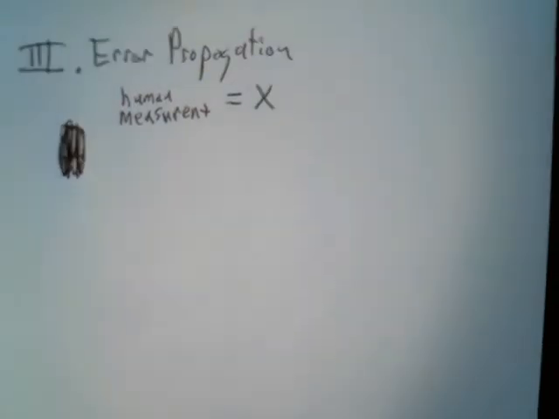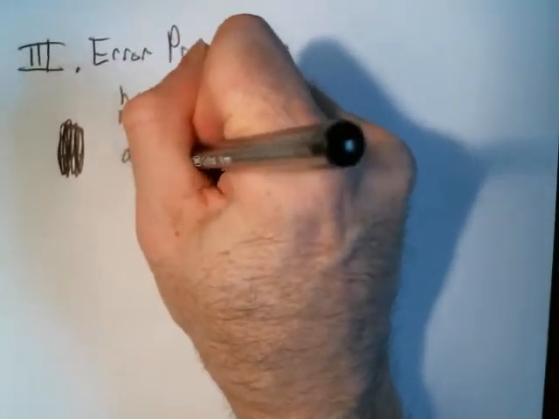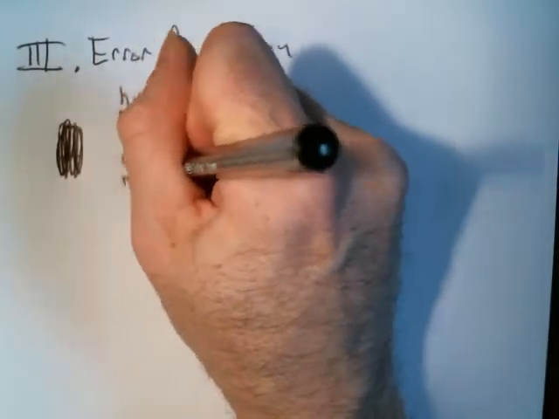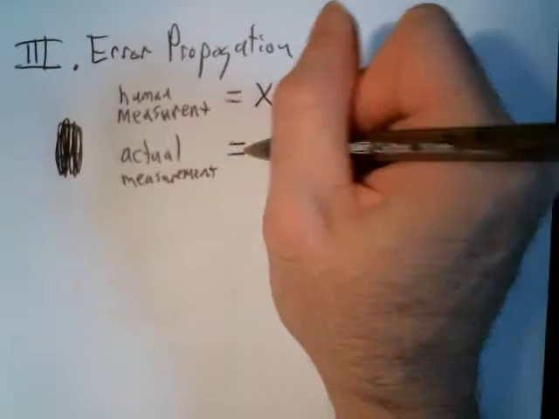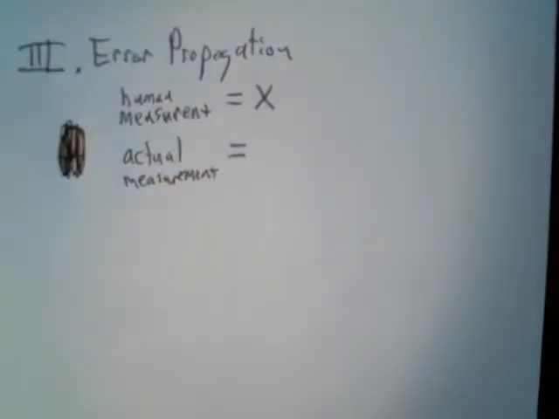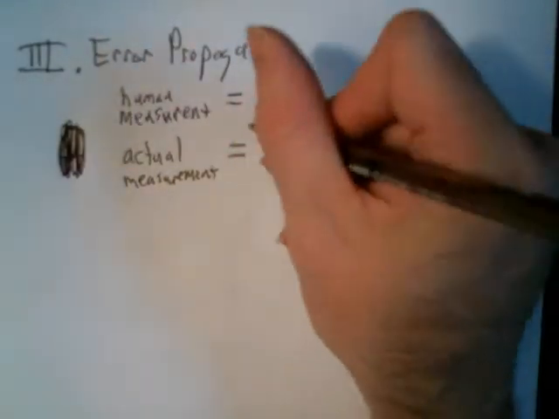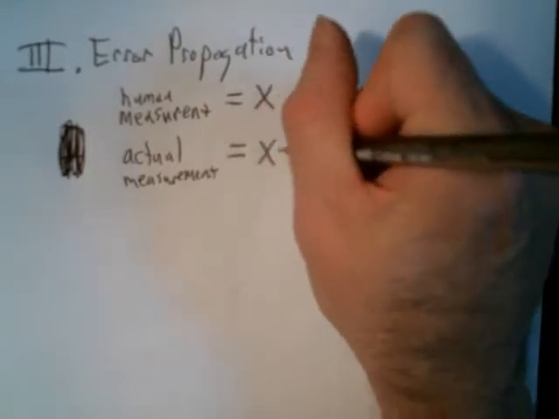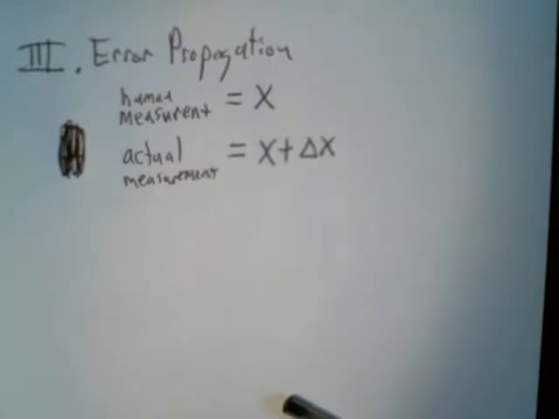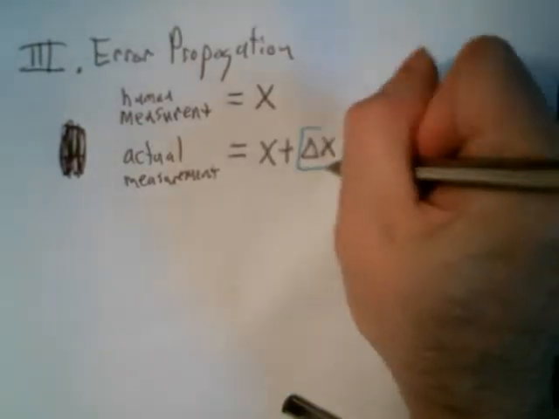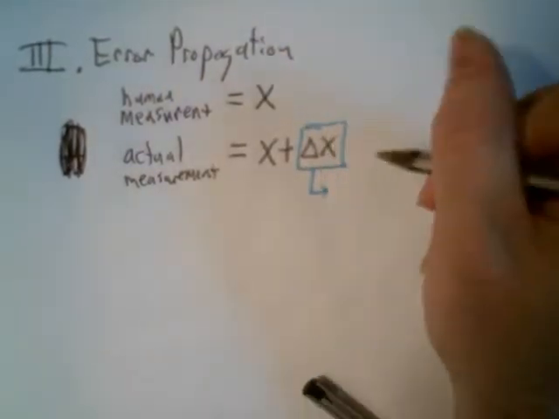And then there's this actual measurement. If you had some sort of electron microscope or something to do the measurement, the actual measurement is considered to be x plus change in x. And this change in x part then is the measurement error.